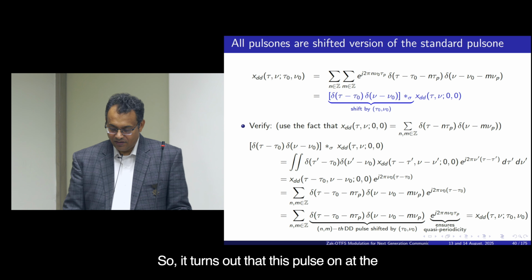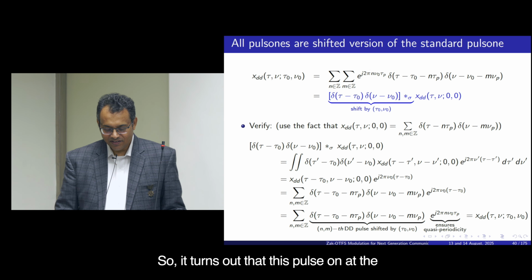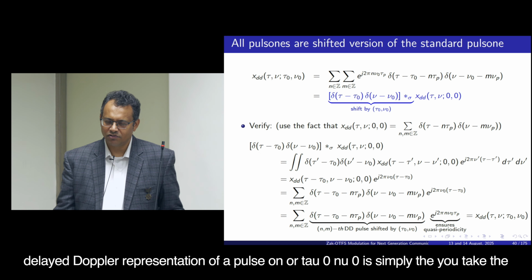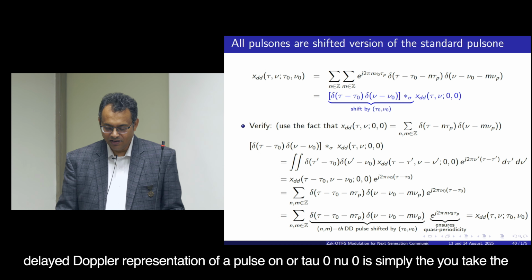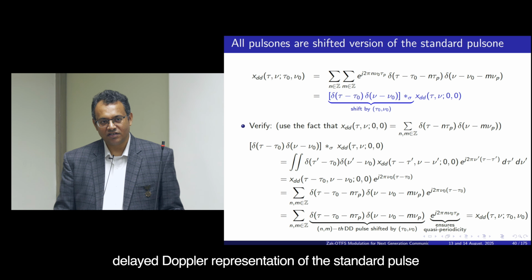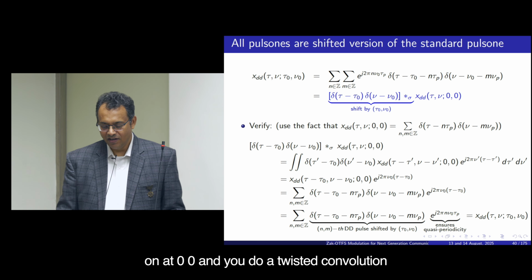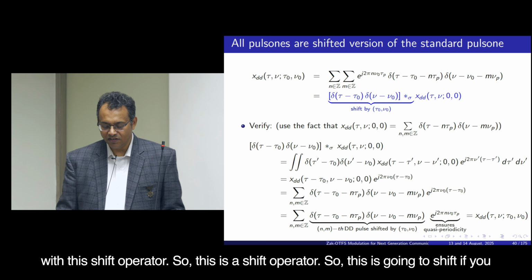So it turns out that the delay Doppler representation of a pulson at tau 0, nu 0 is simply the delay Doppler representation of the standard pulson at 0, 0 with a twisted convolution with this shift operator.